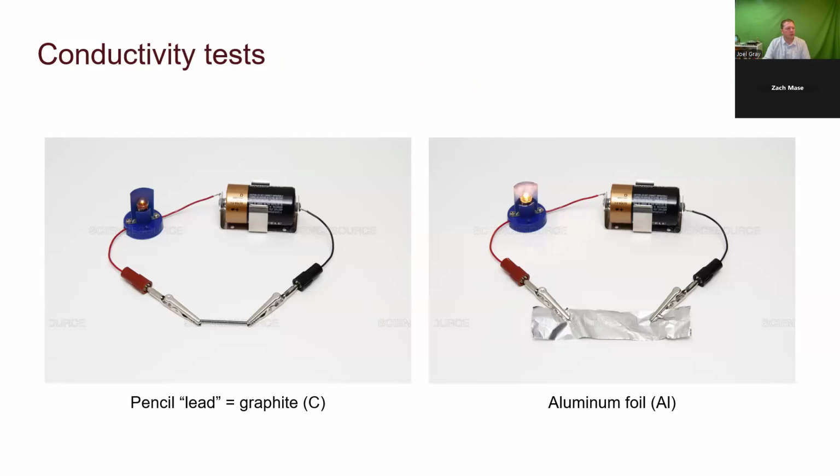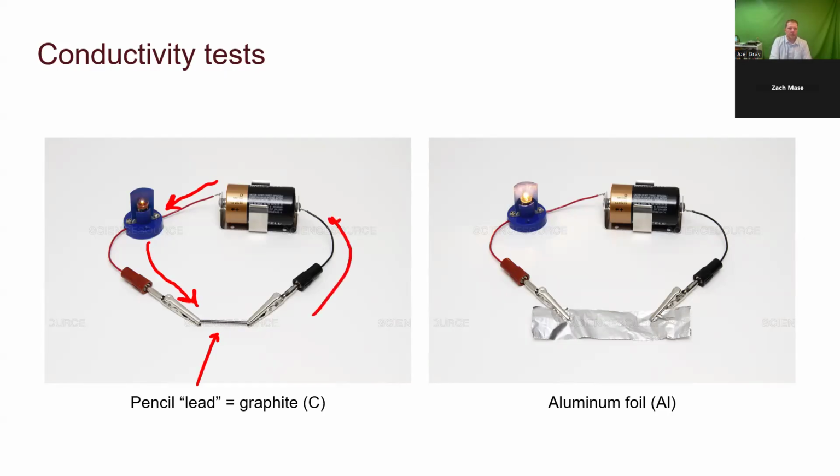Now, a conductivity test is a way that you can also differentiate between a metal and a nonmetal. On the left-hand side, notice that we've got some pencil lead here. We've got a battery that has a current running to a light, through this light, to this pencil lead or graphite, and then it goes back through the battery.